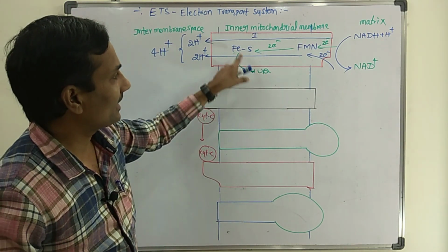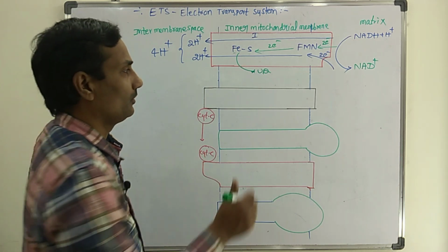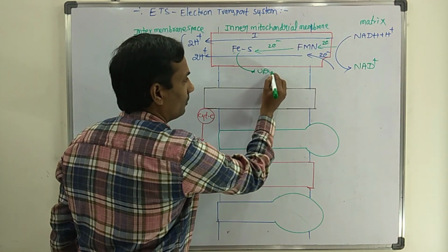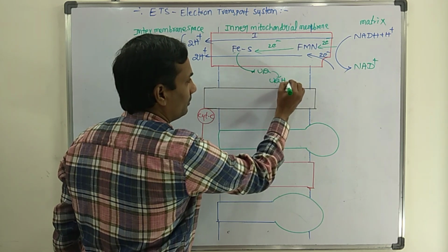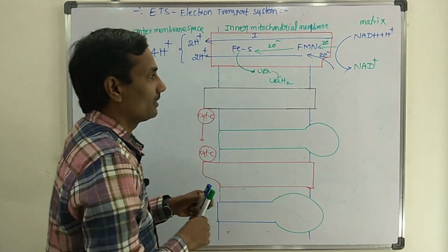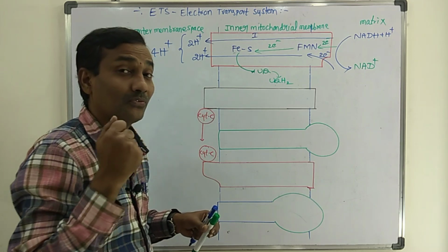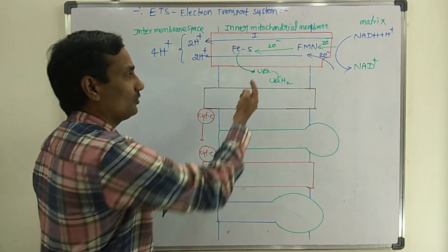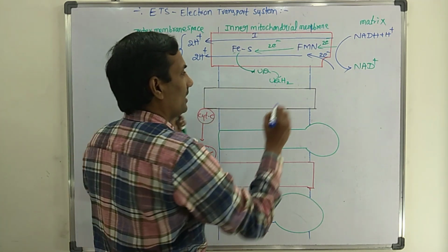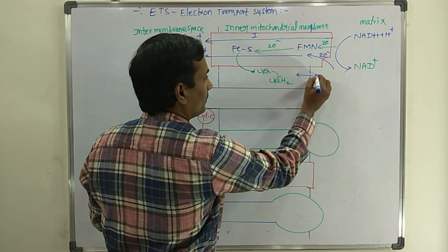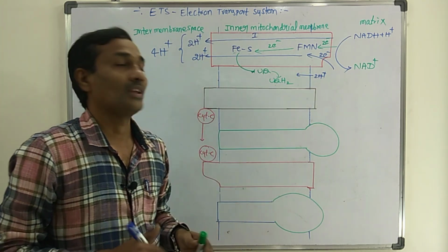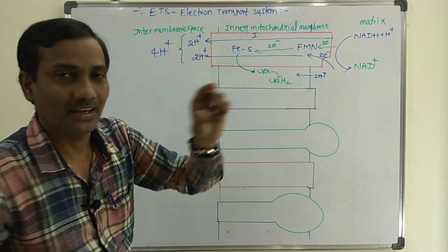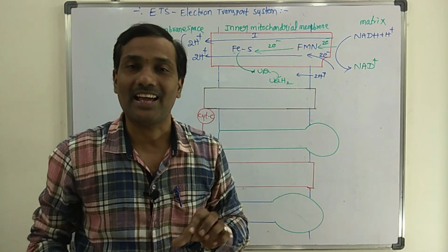This ubiquinone will be reduced to UQH2. Again one more doubt: from where do protons come to ubiquinone? 2 more protons are accepted by ubiquinone from the matrix, because it is a mobile electron carrier.